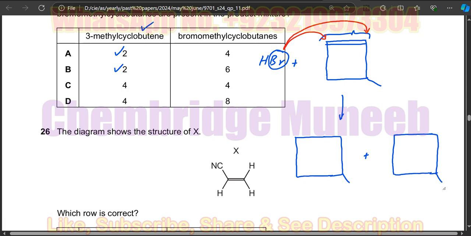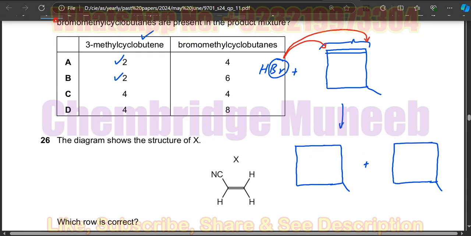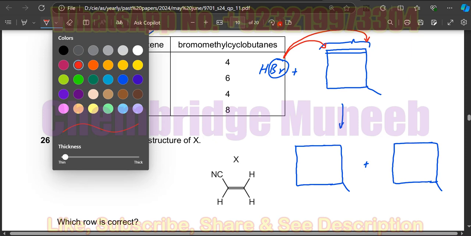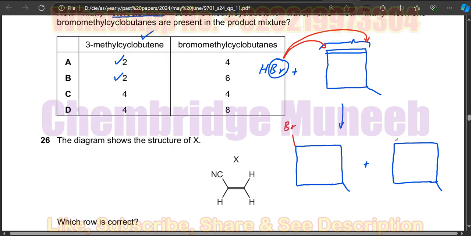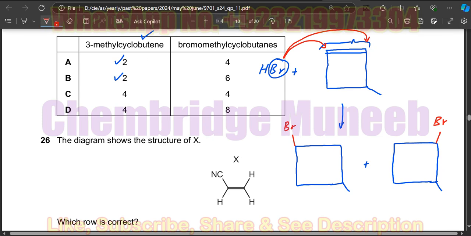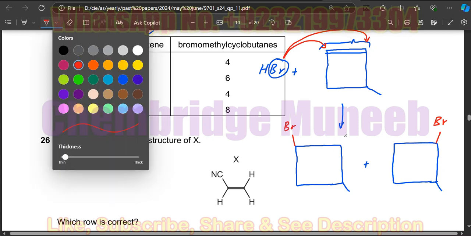with methyl over here. Now if I say that a bromine is added on the left carbon of the double bond, then it will be bonded over here, and in the second case the bromine will be added on the right carbon of the double bond, and the hydrogen atoms will be added in this way.